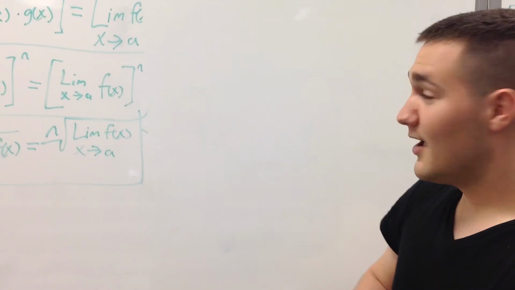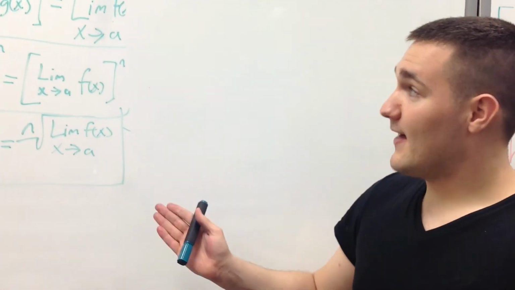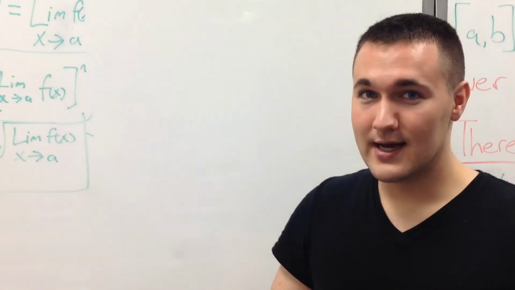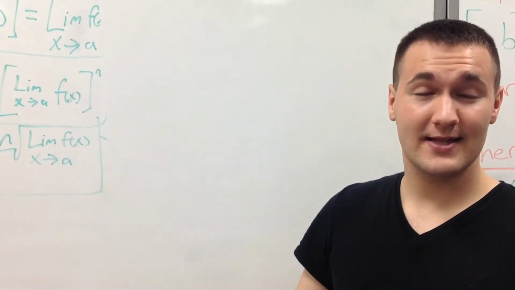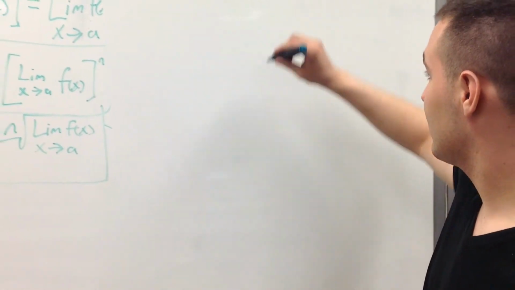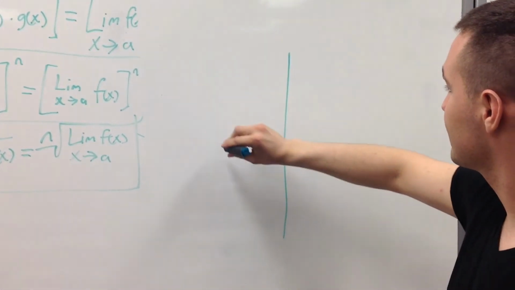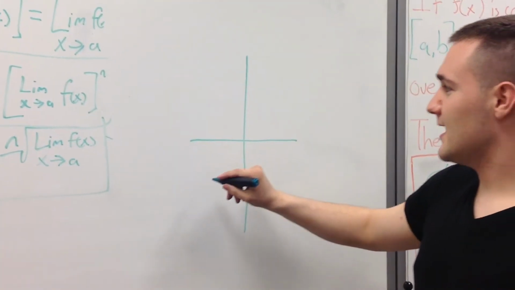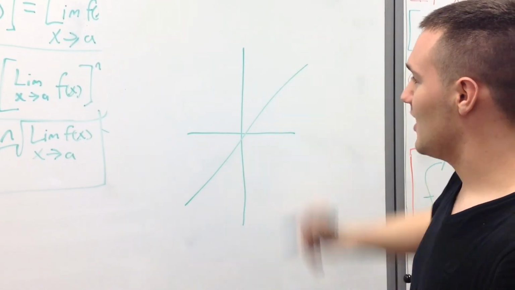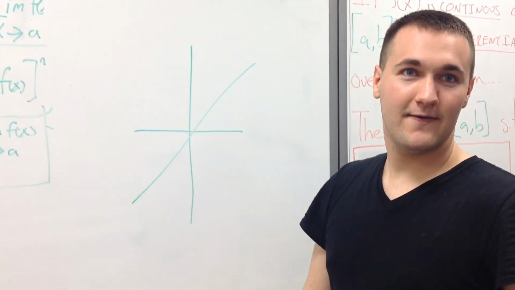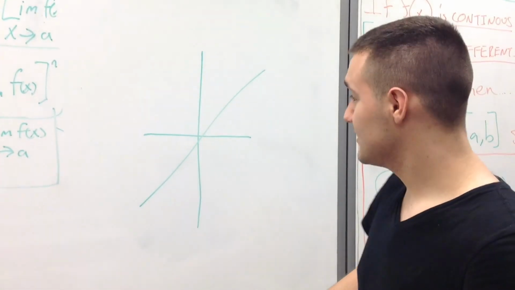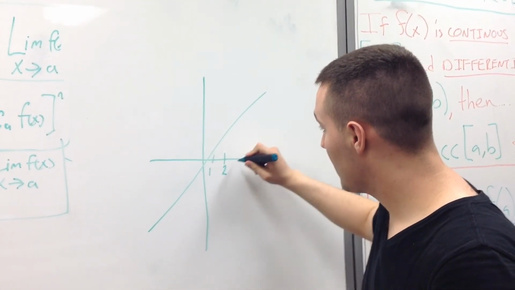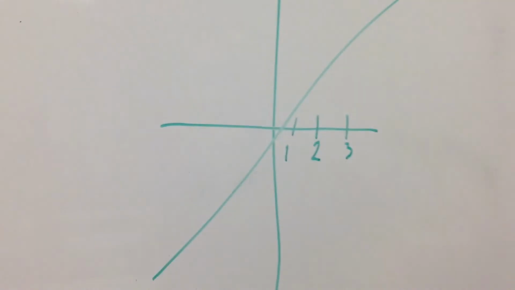Okay. Now, I've shown you how to do the math of figuring out what the limit is, but you might not actually understand what it does specifically, so I'm going to go ahead and draw you a graph. Just say x. On that graph, when you're doing the limit, you have 1 there, 2 there, 3 there.